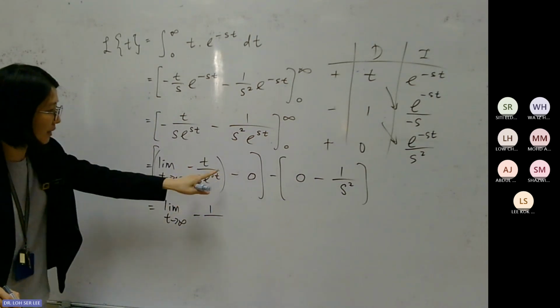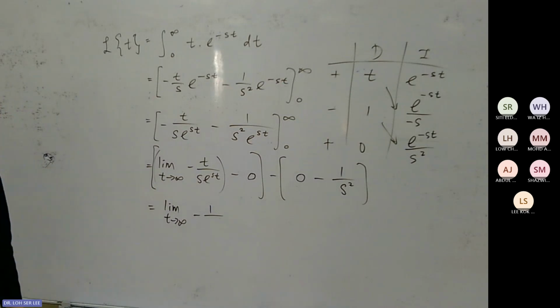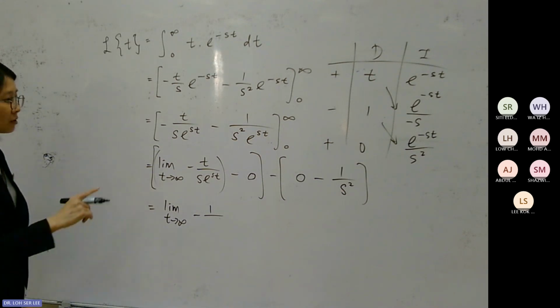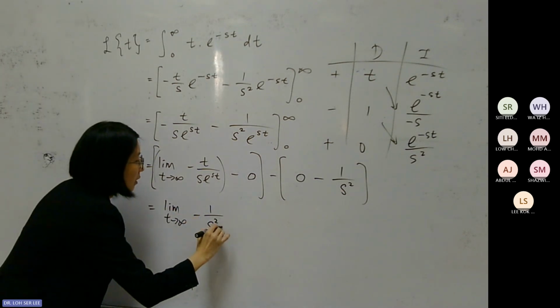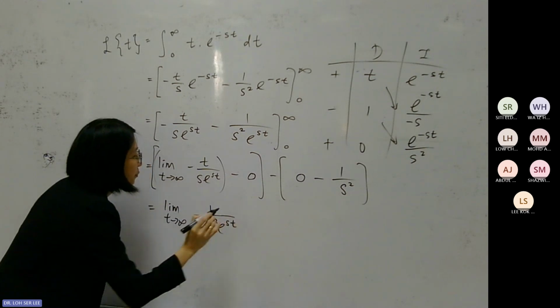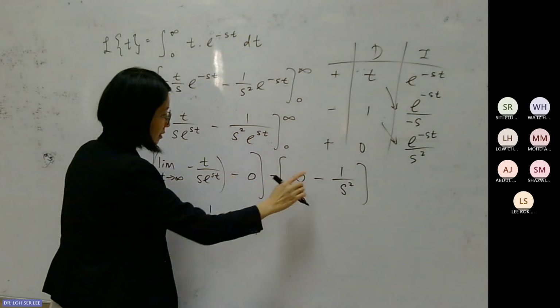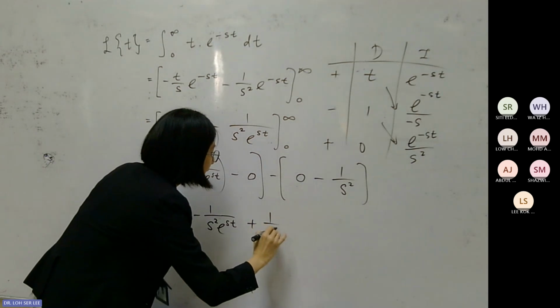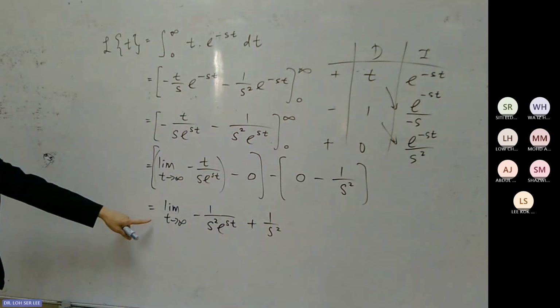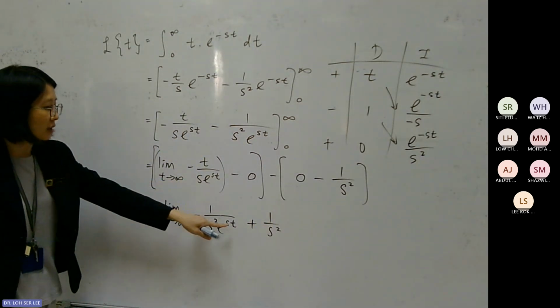Differentiate the denominator with respect to t, you have s squared e^(st). Minus 0, you get plus 1 over s squared. Now you substitute infinity into t. What do you get?